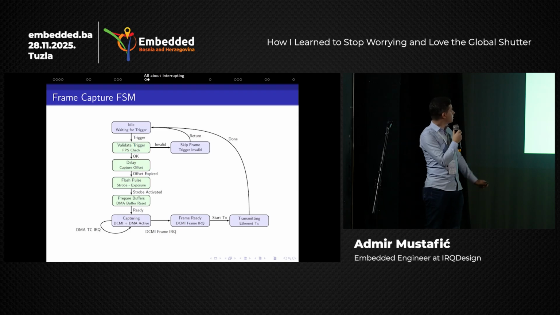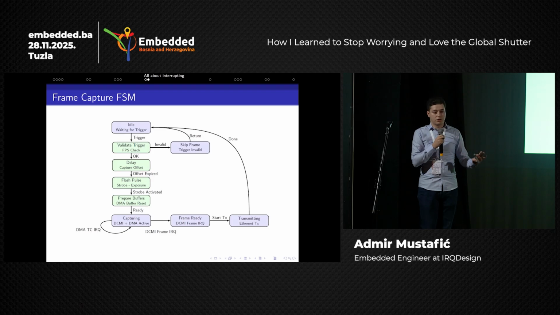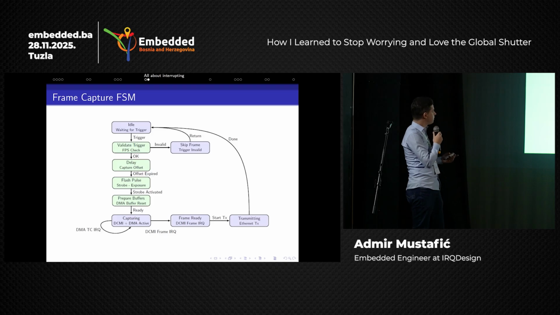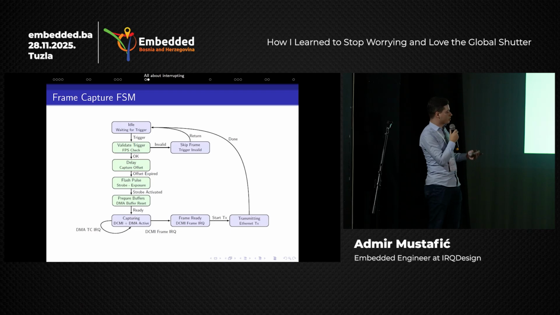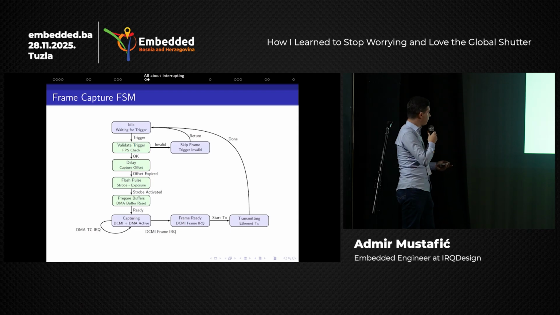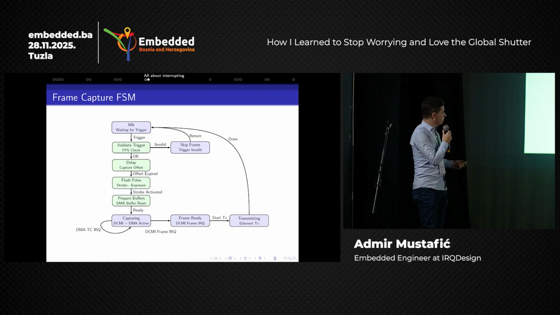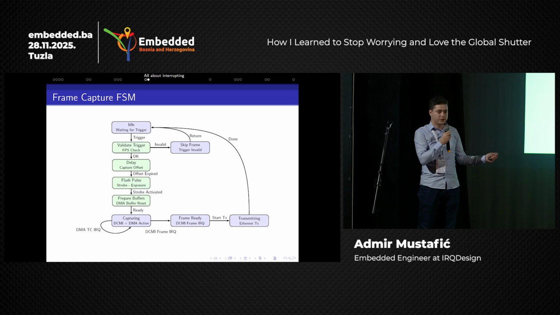In the other case, if the FPS check is okay, we can check for a delay. This is just added for a user that can delay this periodic capture of the image. And then we have the flash pulse function, which is just a timer peripheral, the PWM signal of the light pulses, and then we prepare the buffers, reset the capture state machine, and start the capture itself.